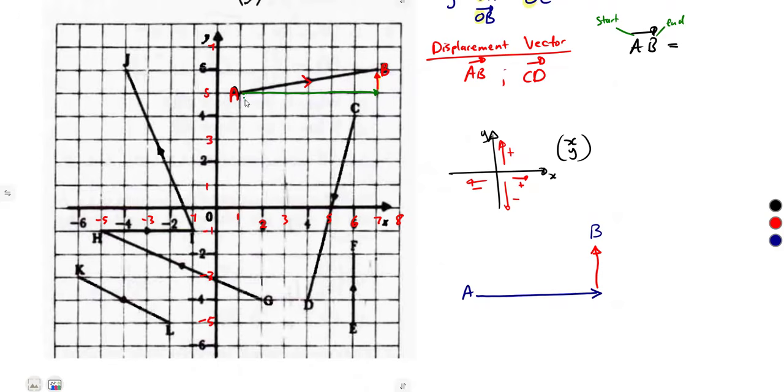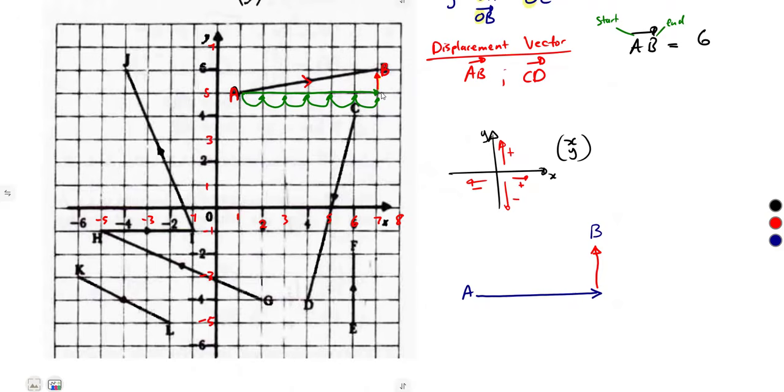We move 1, 2, 3, 4, 5, 6 until that point. So we have moved 6 units in the X-axis, and that's positive because we're going to the right.